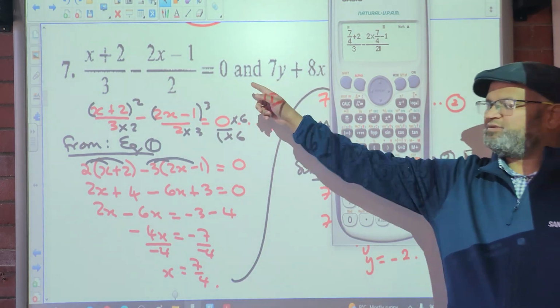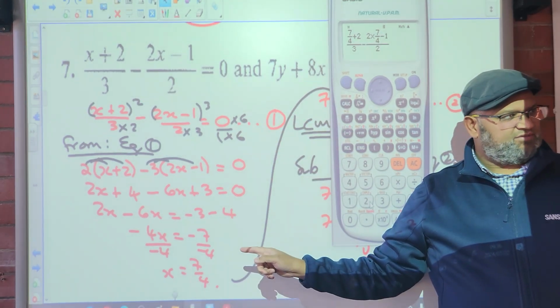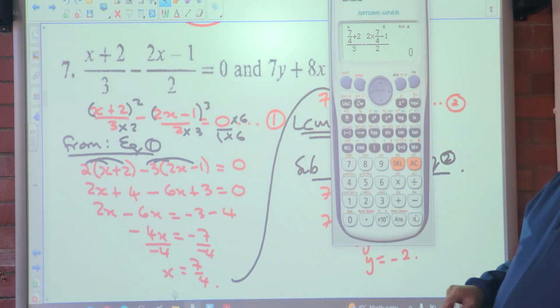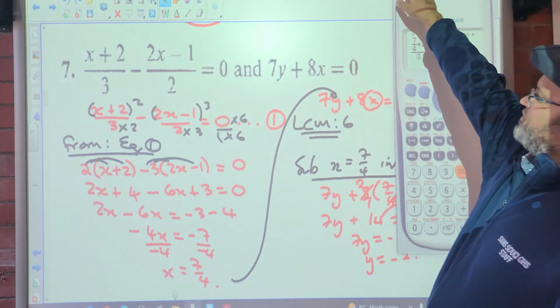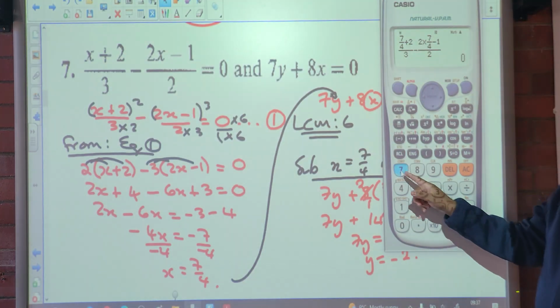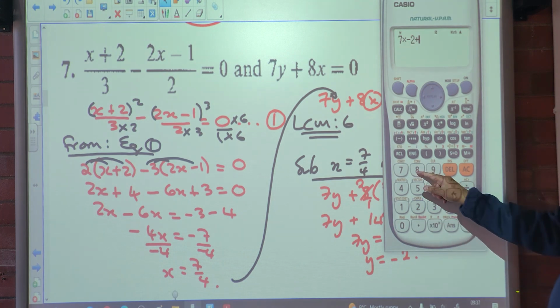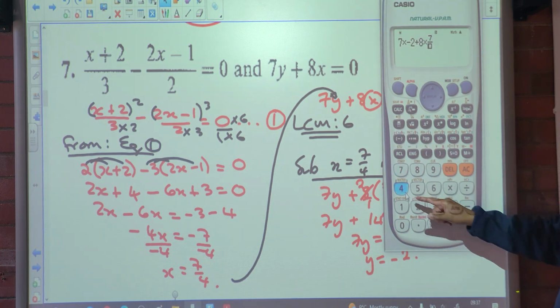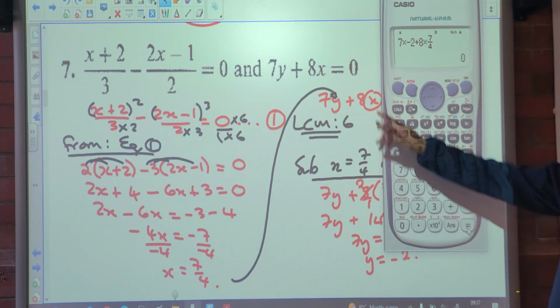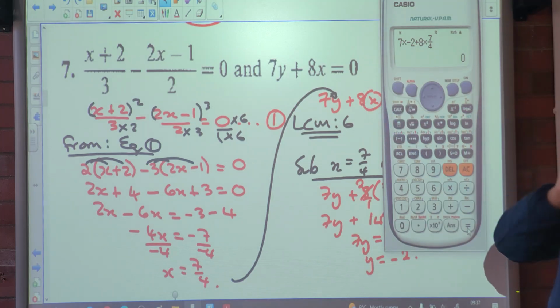If the answer is 0, then that x value is correct. If it's not 0, of course we have made an error. So that's correct. And of course you must test it for this one here. You say 7 times y, which is negative 2, plus 8 times 7 over 4. Also gives me 0, which is good.